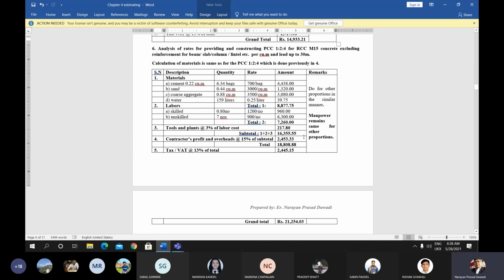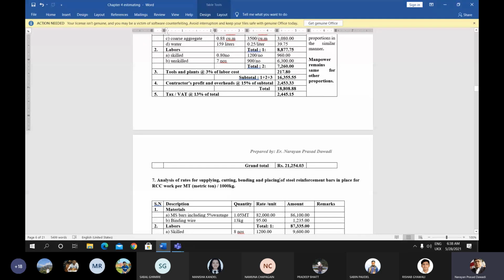You will get the subtotal of 16,355.55 rupees. Now for the contractor's profit and the contractor tax or VAT, you can provide the amount in the usual manner. In the usual manner, you will get the grand total cost.